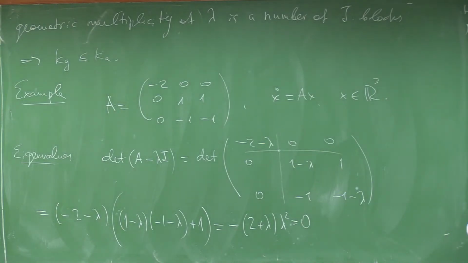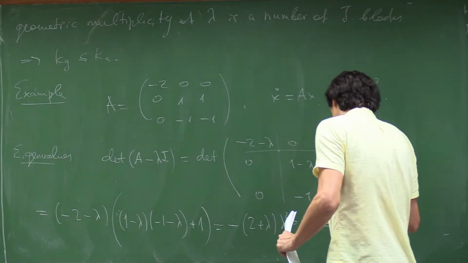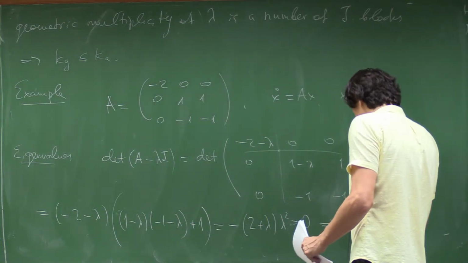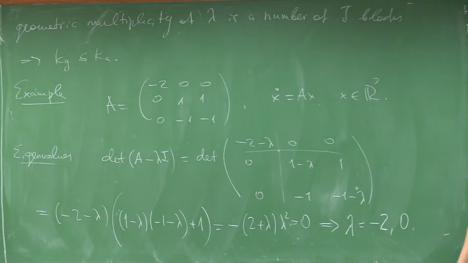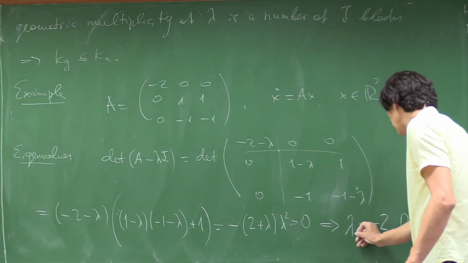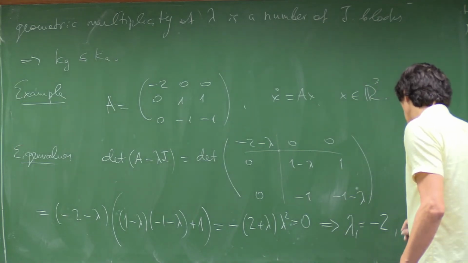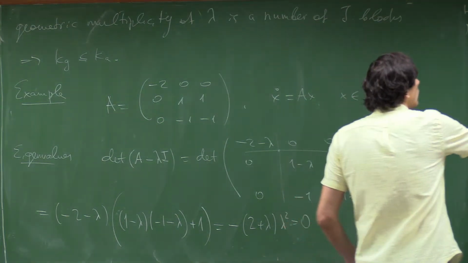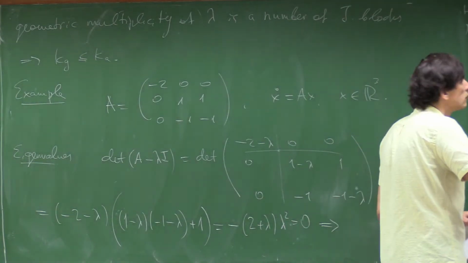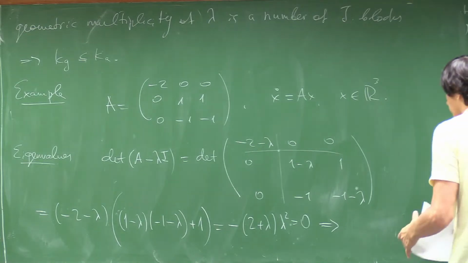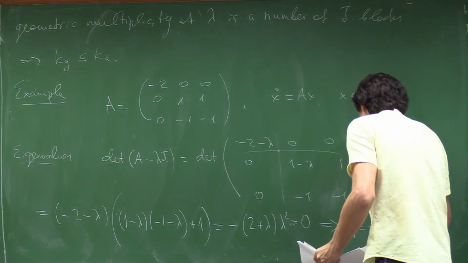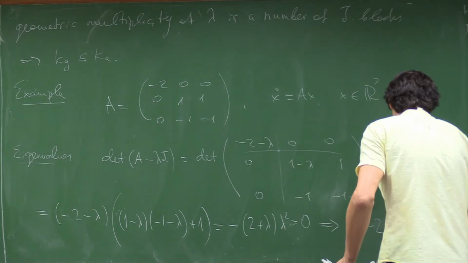Okay. So there are two eigenvalues. One eigenvalue is lambda 1 equal to minus 2, and another eigenvalue lambda 2 is equal to 0.